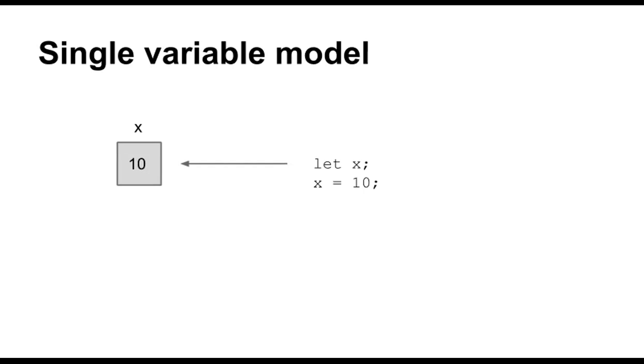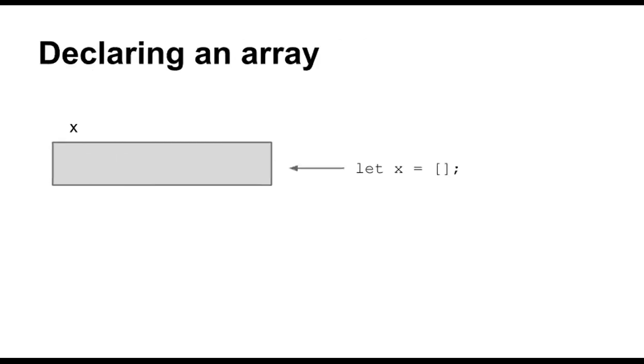An array is similar in that context, where we create an array, which means that we declare an array and we give it a name. In this case, we have said, okay, let x be an array, which means that at this point this is also an empty array, which can basically hold lots of variables.